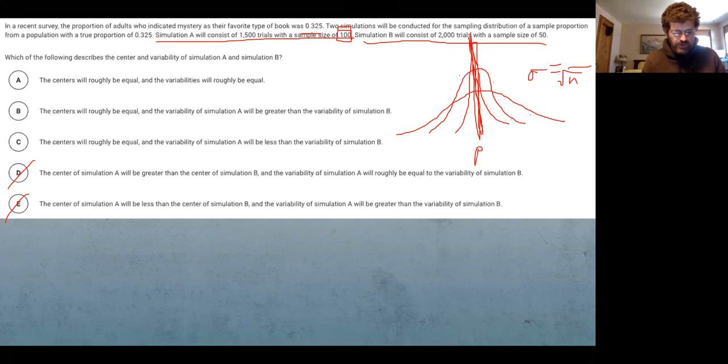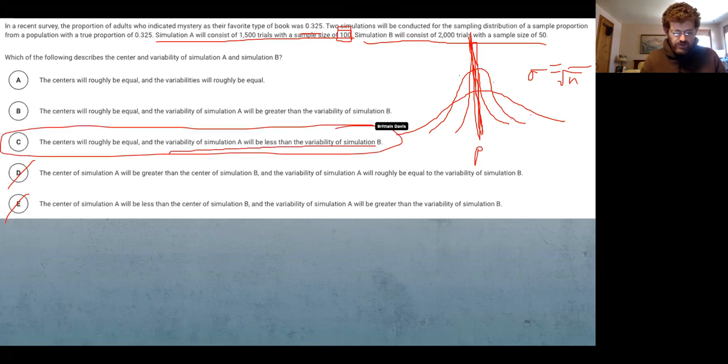A is going to be less variable than B. So the variability of A will be less than the variability of B. There's so many words related to that: variability, variation, variance, and it can get very confusing sometimes. But anyways, there's your answer.